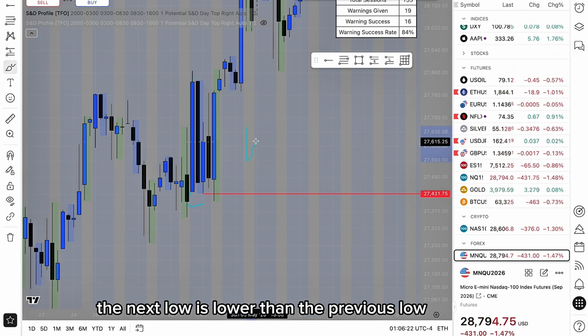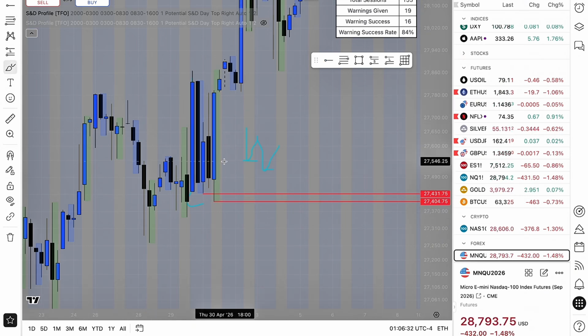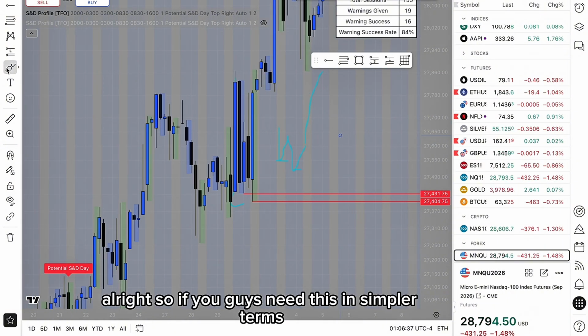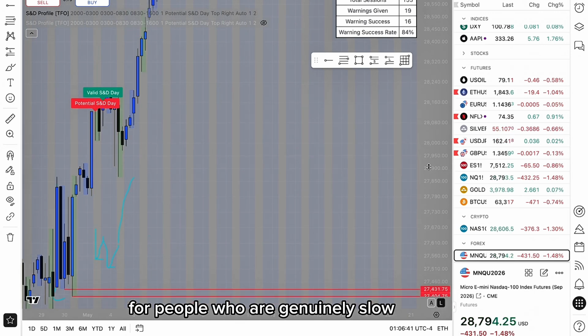The next low is lower than the previous low. Look at this low. It swept out that low. Okay, and guess what happens? Boom.